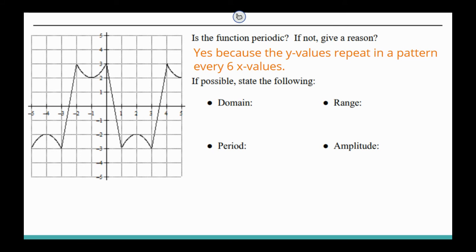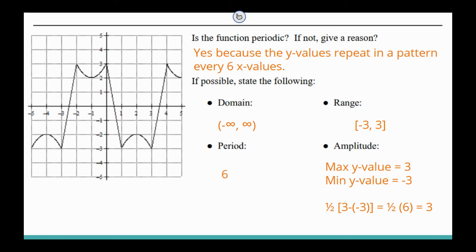Yes, it's periodic because it repeats every 6 x values. Your domain, again, is negative infinity to positive infinity. Your range goes from -3 to +3. It has a period of 6, like we've said, and an amplitude of 3. Feeling okay about this so far? Good.